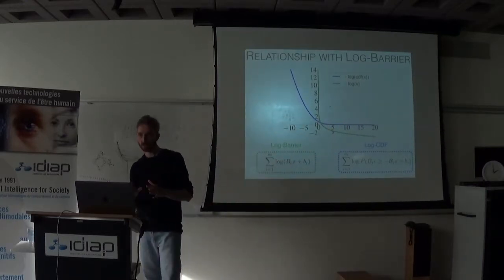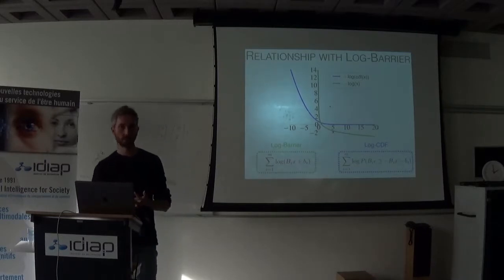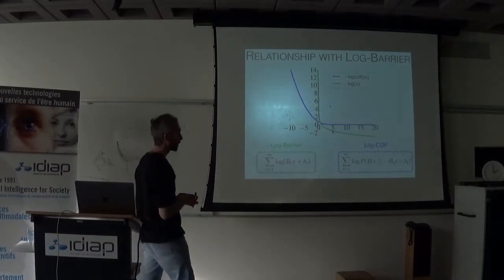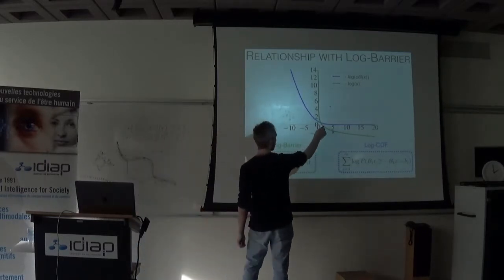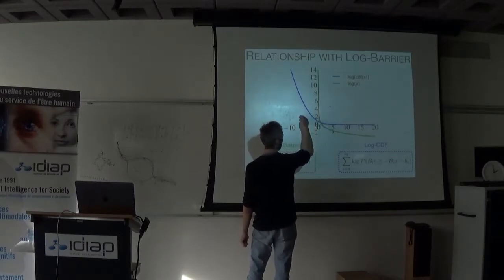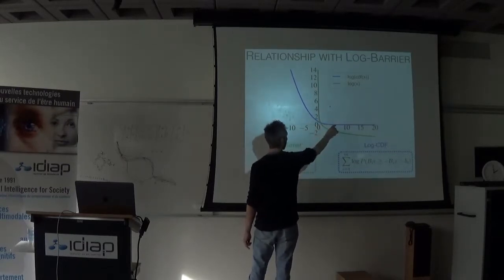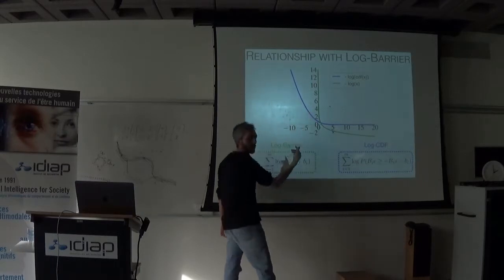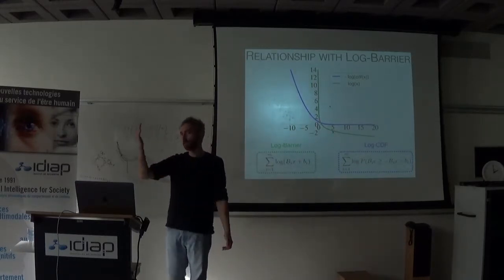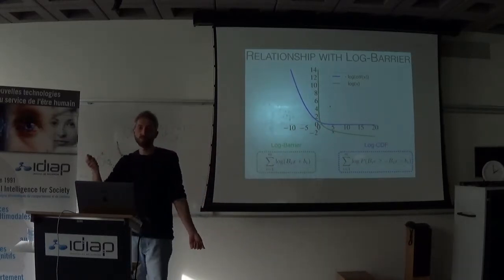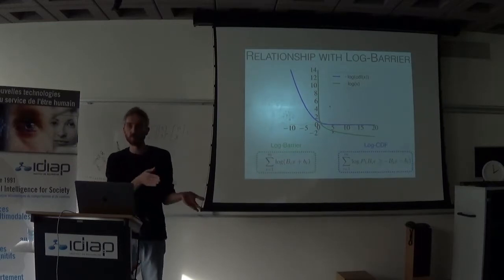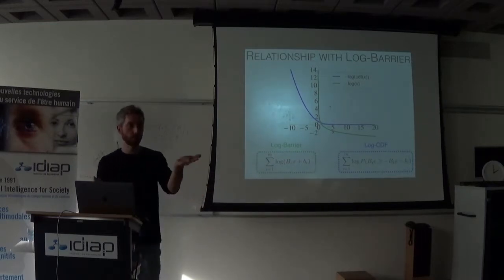So they share some similarity, but they're not exactly the same thing. Especially this one here goes to infinity before you can violate the constraint, whereas this one here allows you to violate the constraint. It just becomes high, and so it basically pushes you not to do that, but it can allow you to do it.